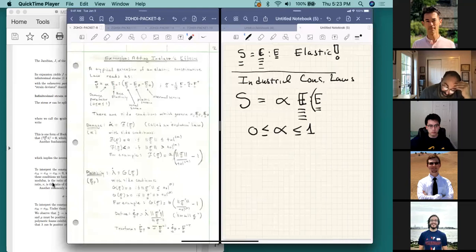If alpha, and we put a 0 here to indicate this is the undamaged material before any type of effects have occurred. If alpha is equal to 1, it recaptures exactly the elasticity. If alpha becomes 0, it means that there's no more stiffness in the material law. So let's see physically what that means.